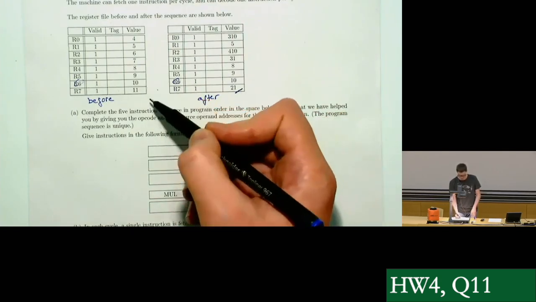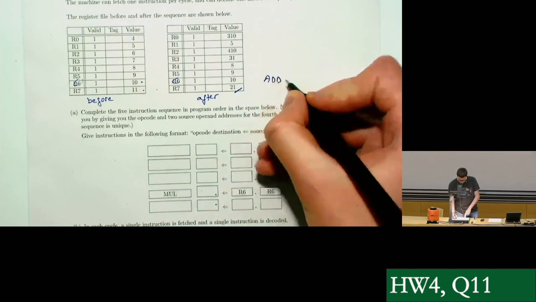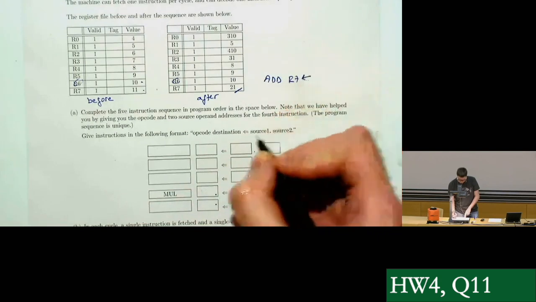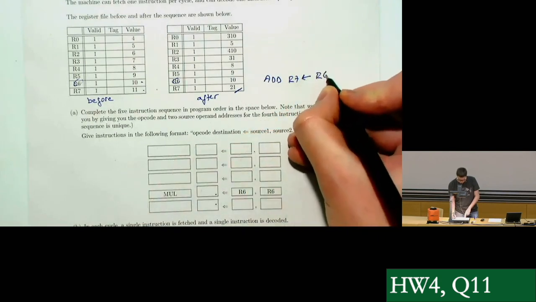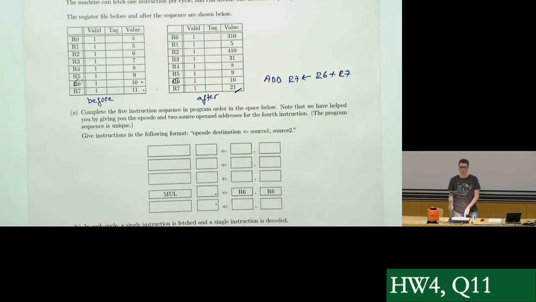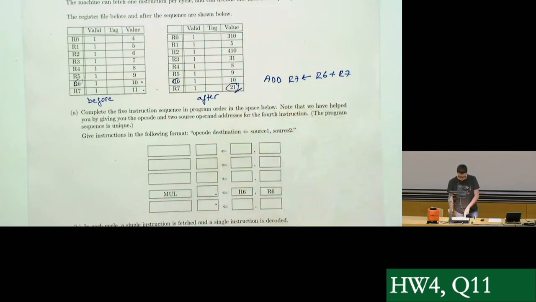The only option is adding together 10 and 11, right? We cannot multiply 11 and 1 because we don't have 1 in the register file. So one instruction should be an add, which writes to R7 and uses R6 and R7 as source registers. This creates 21 in here.